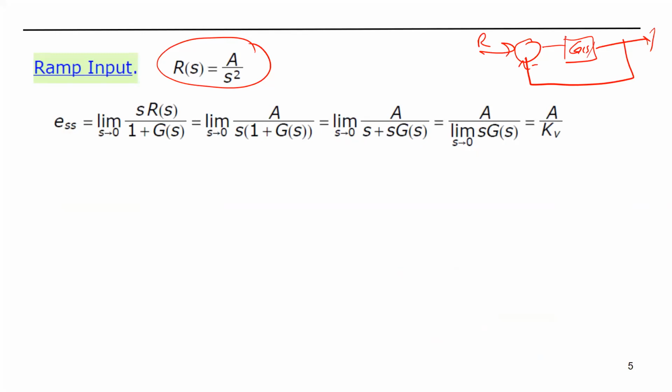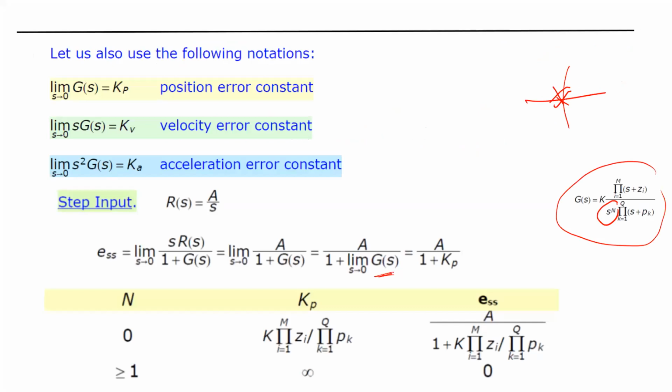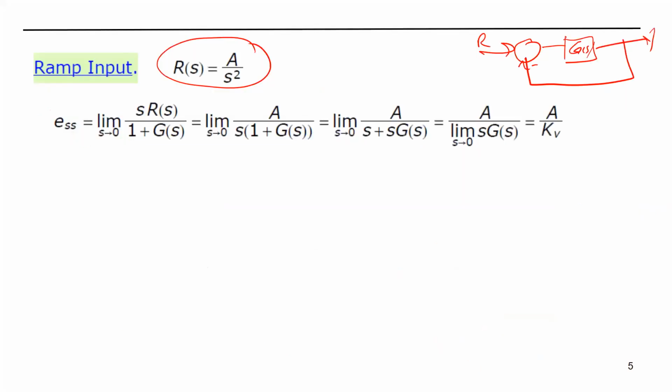This is where, remember the second one, we call it Kv. I am defining it as the velocity error constant. The velocity, because the first was position, and now I'm differentiating. Now let's talk about the various types of G. Let's start with n equal to 0.